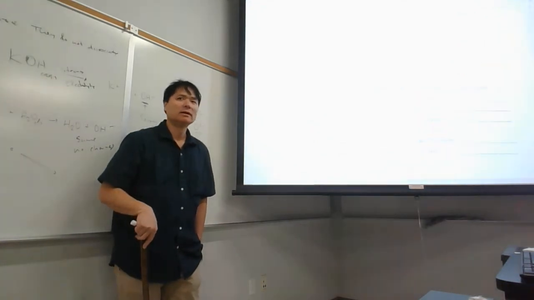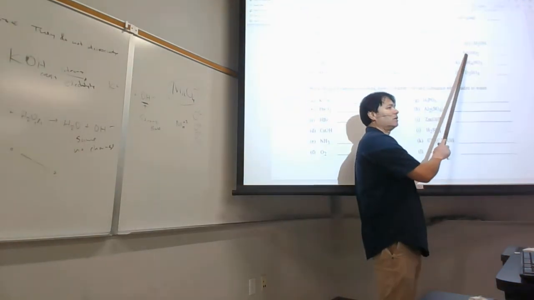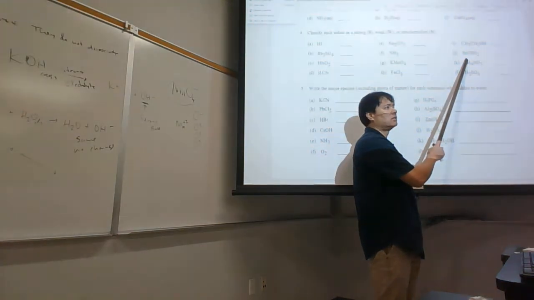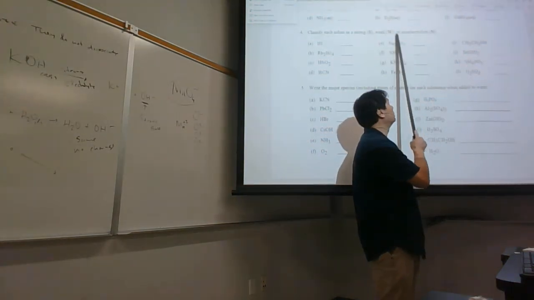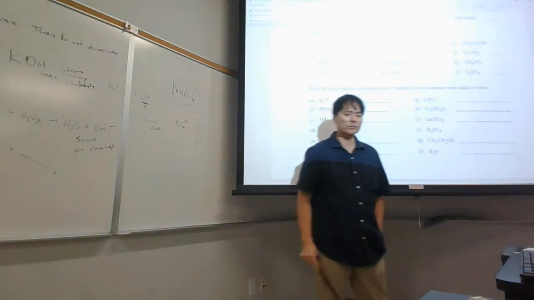Oh, wait a minute. So it's soluble. Yeah. Strontium hydroxide is a soluble salt. And therefore it should conduct. Soluble salts are good conductors. So this is a strong electrolyte. Soluble salt.